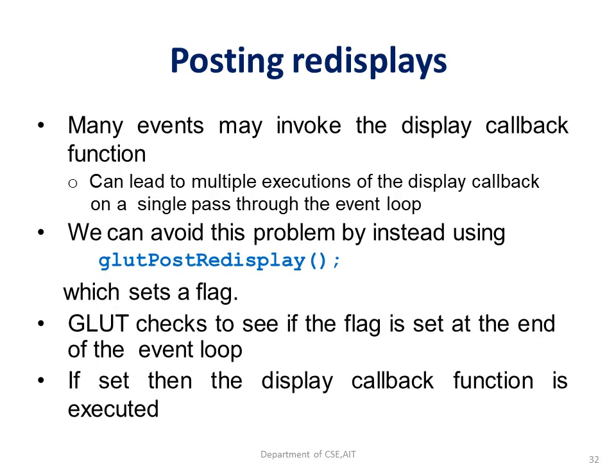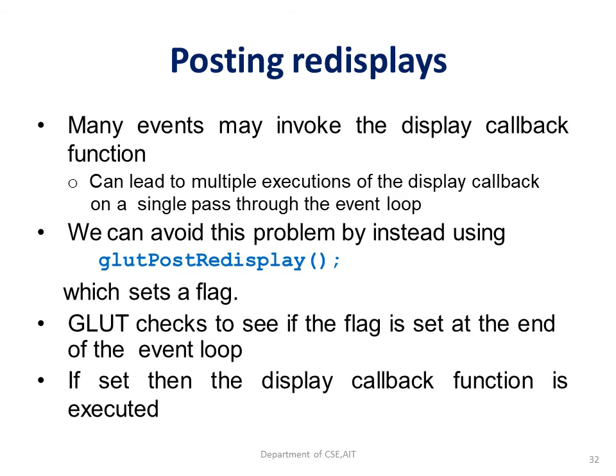Sometimes the display function will be called multiple times by multiple events. When we want to avoid this multiple execution of the display callback in a single pass, we can make use of glutPostRedisplay. glutPostRedisplay has a flag. Based on the flag, GLUT checks at the end of the event loop whether the flag is set. If it is set, only then the display callback function will be executed, else it will not be executed.